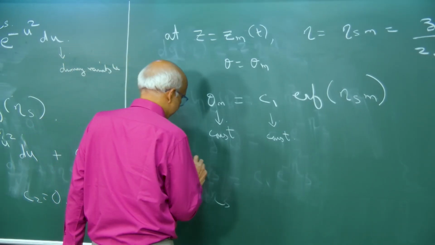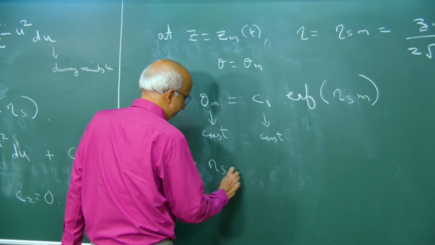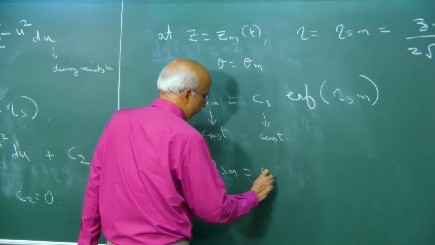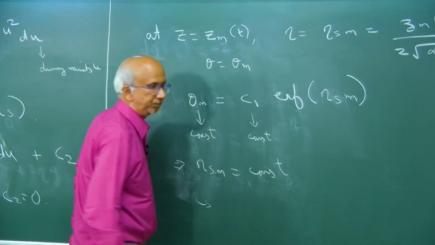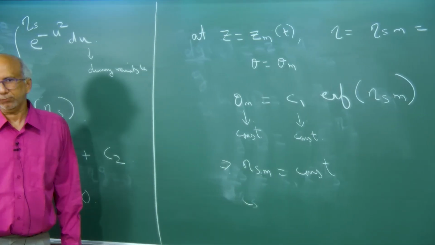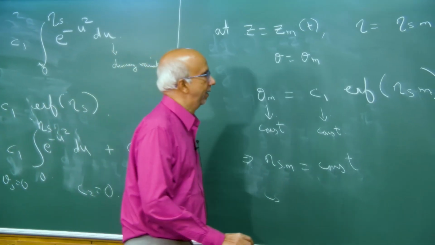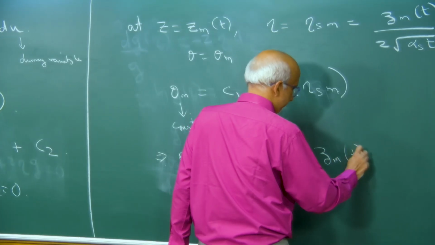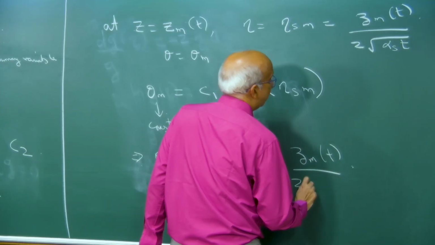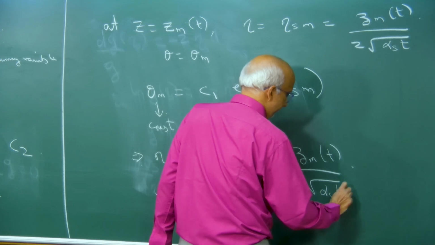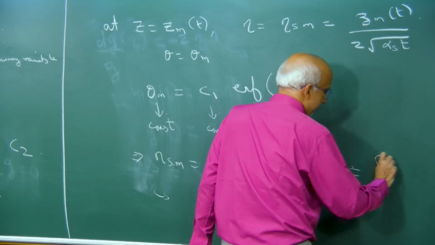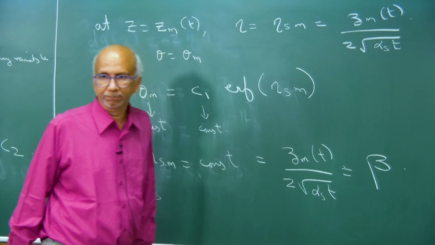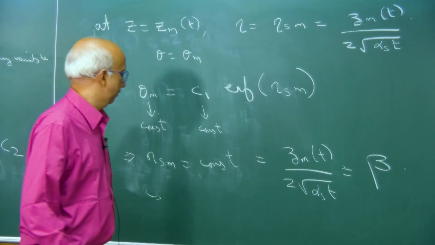This implies eta Sm equal to a constant, and this means Zm of t divided by 2 times square root of alpha S t equals a constant which I am going to say is beta.